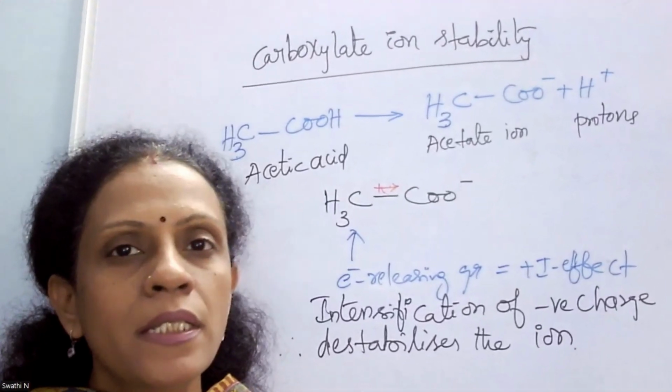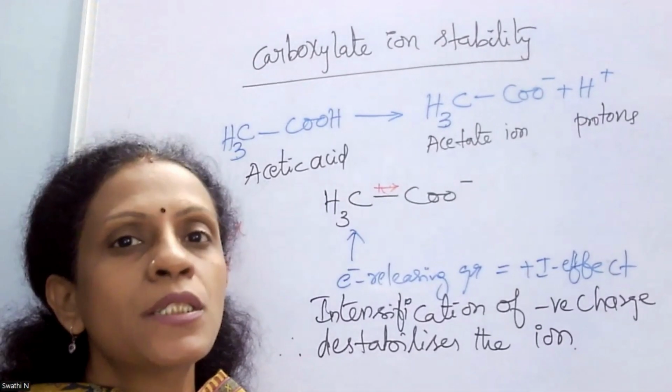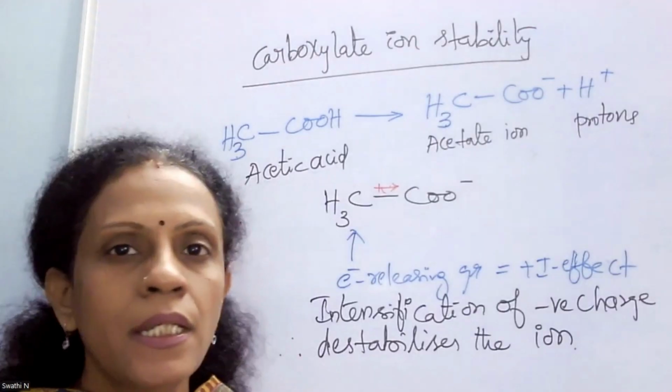It is for that reason that chloroacetic acid is a stronger acid when compared with acetic acid. The difference in acidity of various carboxylic acids is due to the substituents present in those molecules. Some substituents exhibit a positive inductive effect while others exhibit a negative inductive effect. It is because of these substituents that the stability of the resulting carboxylate ions varies.